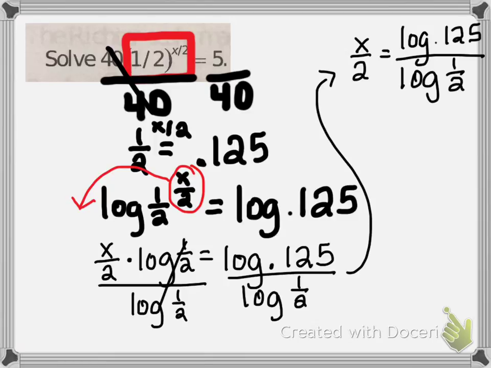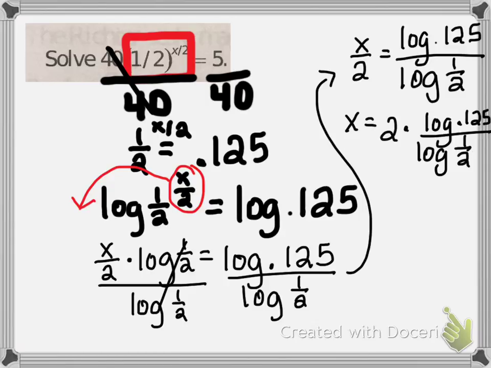And then, of course, I can go ahead and multiply by 2 on both sides. So that's going to be 2 times this whole thing divided by the log of 1/2. And then you can just plug this right into your calculator.